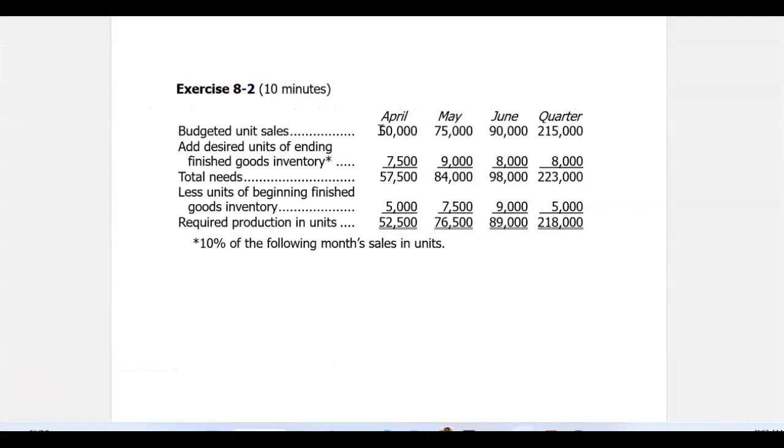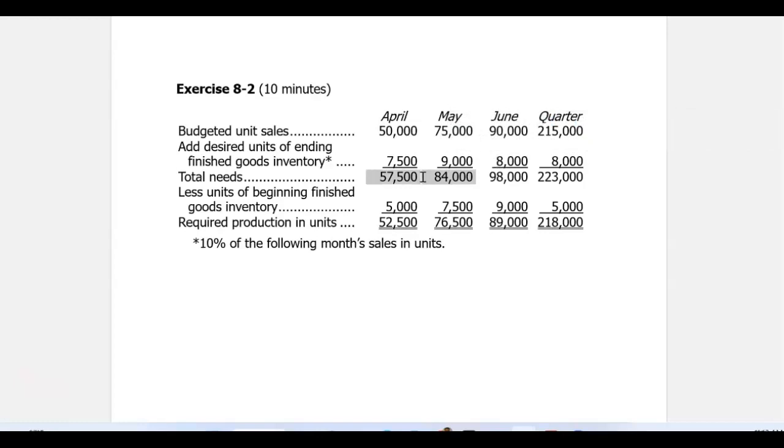So we know the budgeted sales is 50,000 units in April, May 75, and June 90. And we need also to have 10% of May in April as an ending inventory, 10% of June in May as an ending inventory, and 10% of July in June as an ending inventory. So that's 8,000. So how many units total do you need?